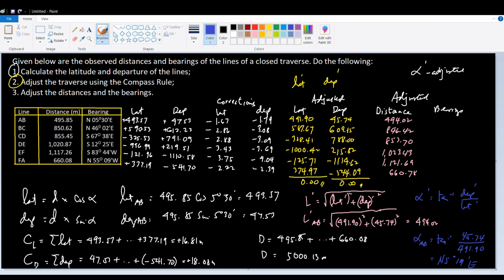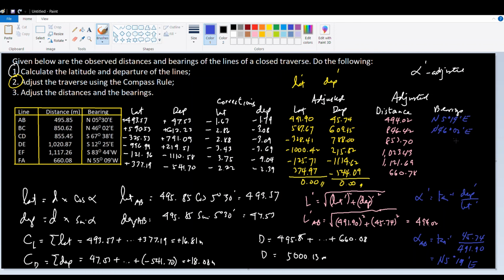For the adjusted bearing of line BC, it will be arctangent of 609.15 all over 587.67. And we should be getting 46. Okay, let me tabulate first the adjusted bearings. AB: north 5 degrees 19 minutes east. For BC, it is 46 degrees 02 minutes, also northeast.